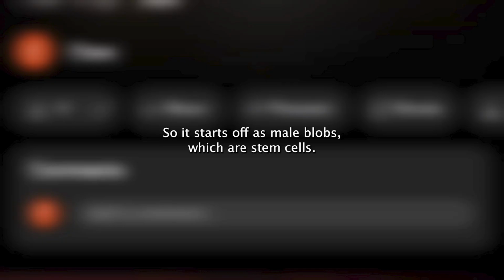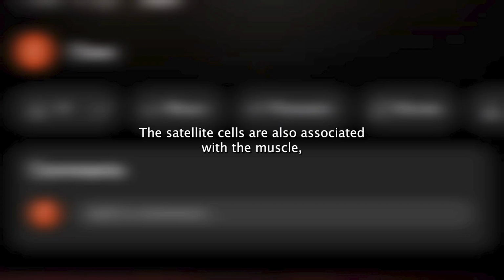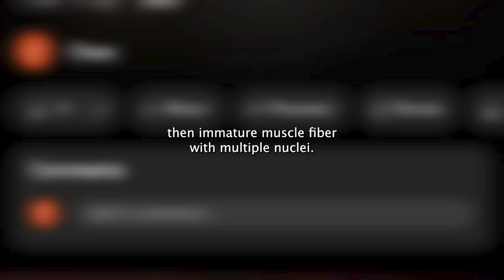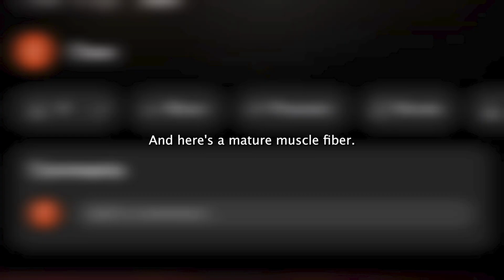So it starts off as myoblasts, which are stem cells. The satellite cells are also associated with the muscle. Then an immature muscle fiber with multiple nuclei. And here's a mature muscle fiber. Notice the striations, multiple nuclei, myosatellite cells that repair damage. And the length can be up to 30 centimeters.